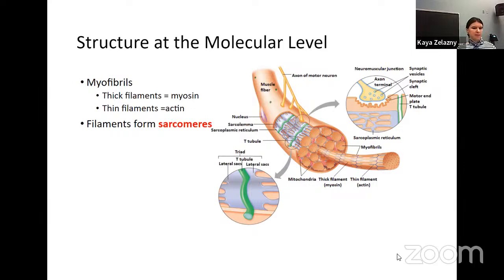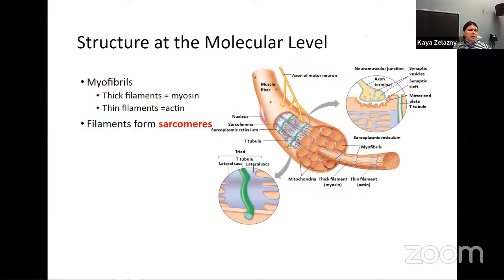You see our thick filament is this orange line in the center. Then we have our thin filaments, and our thin filaments are a protein called actin. So myosin and actin, our thick and thin filaments, are going to be really important for muscle contraction. These different types of filaments are going to slide past each other to make our muscle shorter, to contract this muscle, to allow you to move.